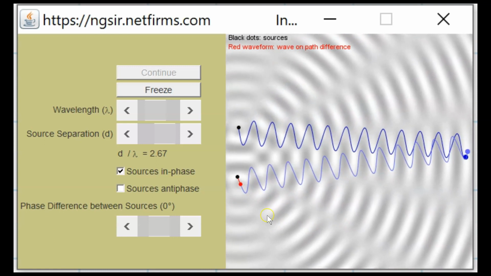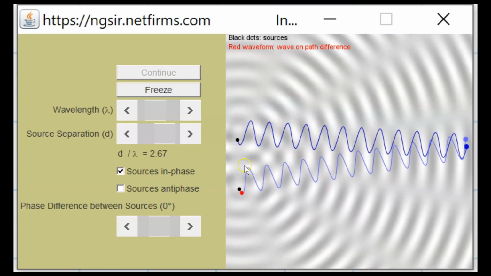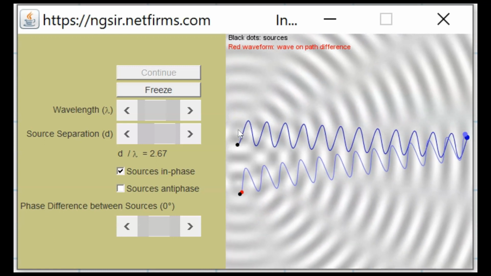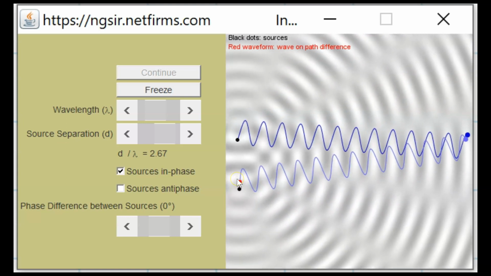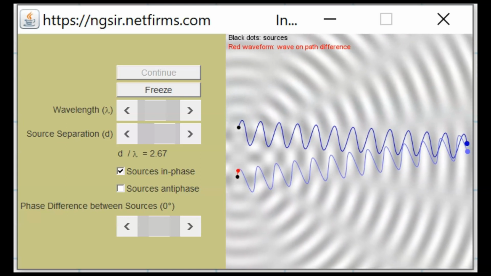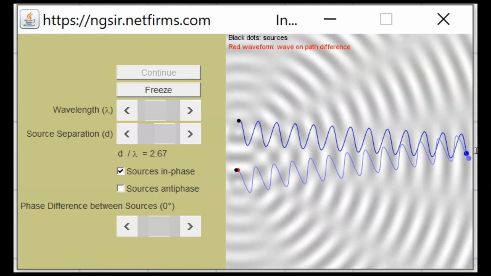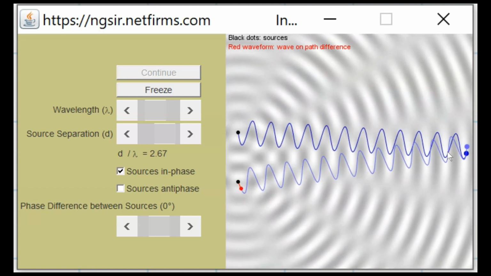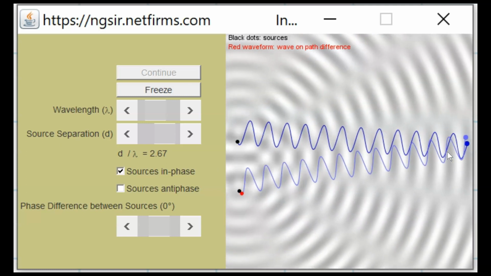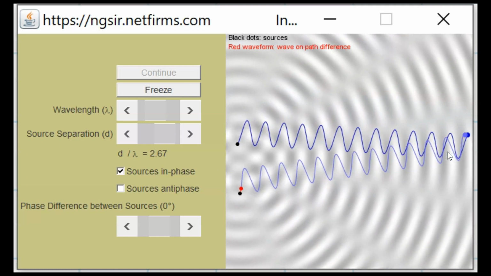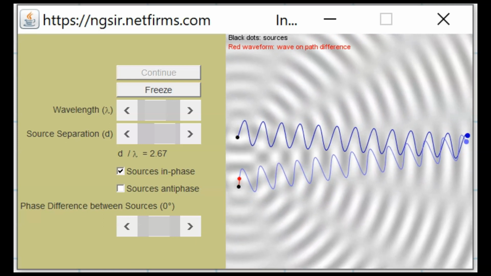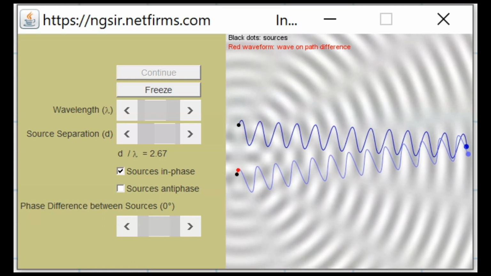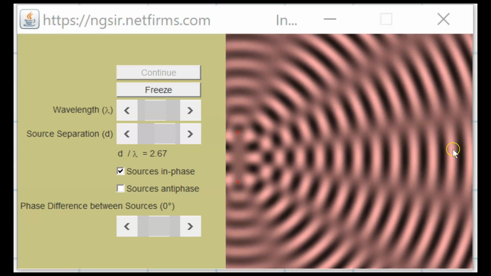These two waves are traveling from point number 1 and point number 2. They're traveling the same distance. These waves have traveled a distance of 0 wavelengths and are in phase, therefore they produce constructive interference. So this one would be mC equal to 0.